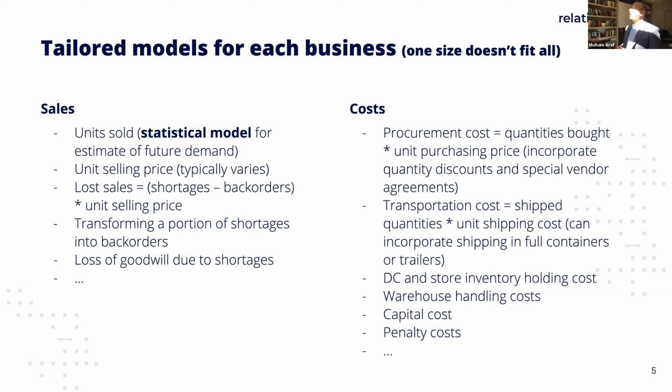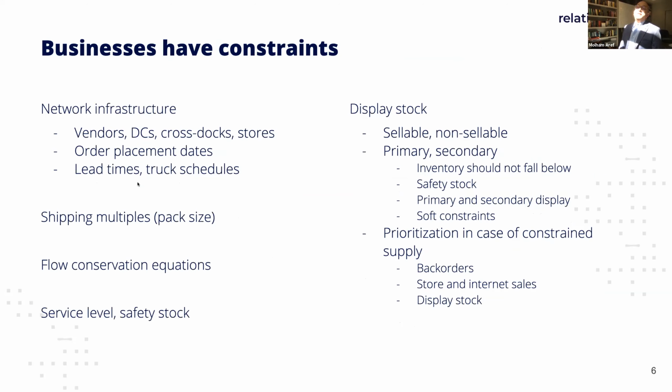On the cost side, you have procurement costs, transportation costs, DC and store inventory holding costs, warehouse handling costs, capital costs, penalty costs. You have all sorts of factors that can go into cost. And of course, we live in a world that has limits and constraints like time and space. You don't have infinite money. You have to abide by the laws and the regulations in the place where you're doing business.